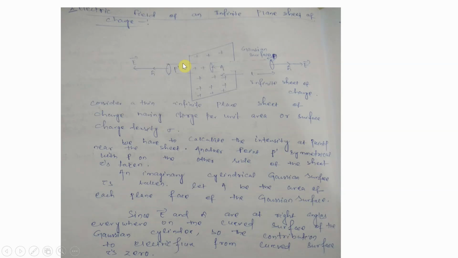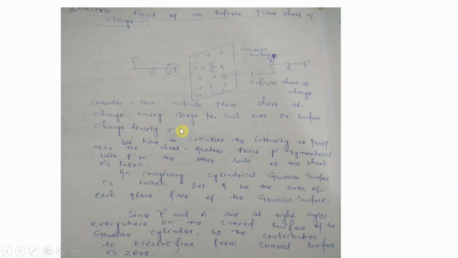We take an imaginary Gaussian surface, which is a cylindrical surface of length L, and on the two symmetrical sides the electric field intensity is along n cap.